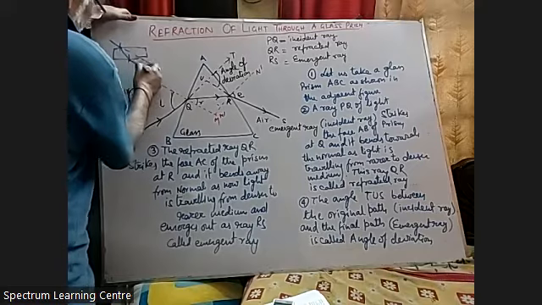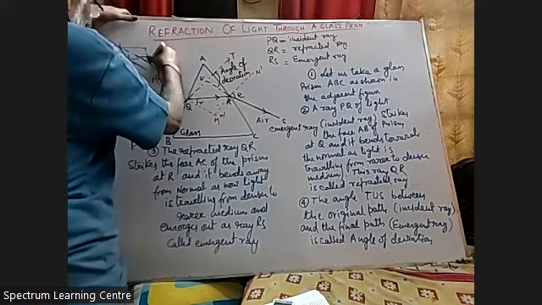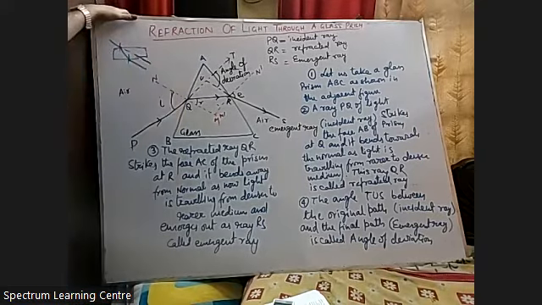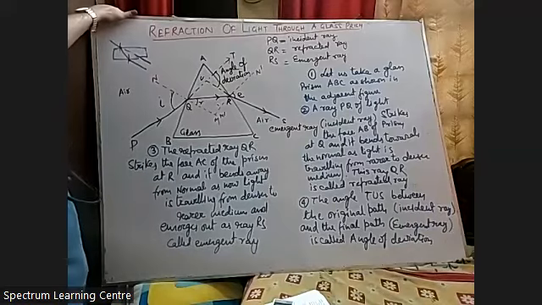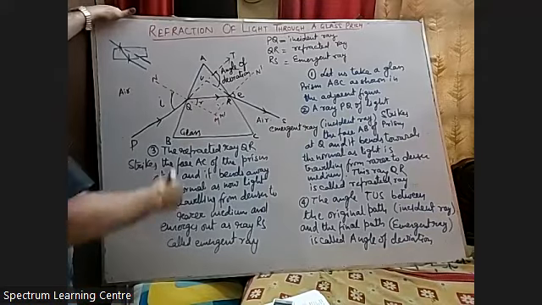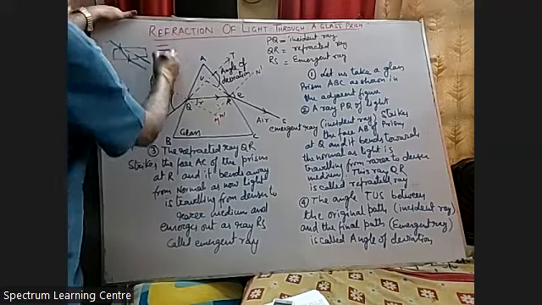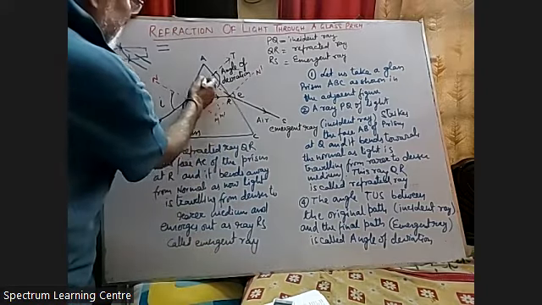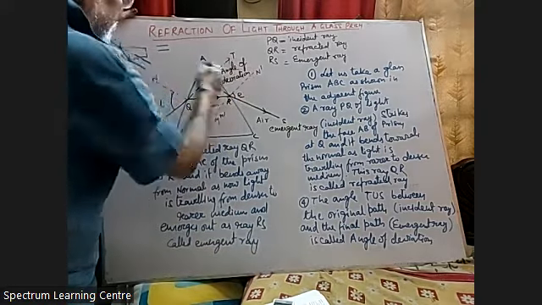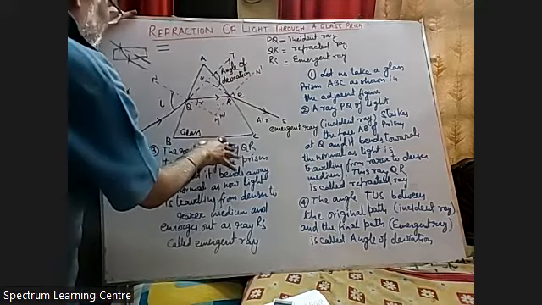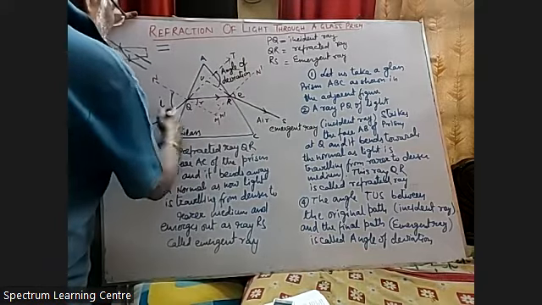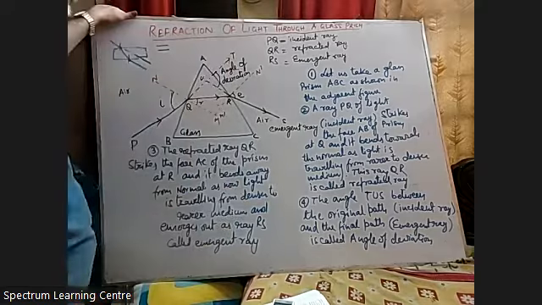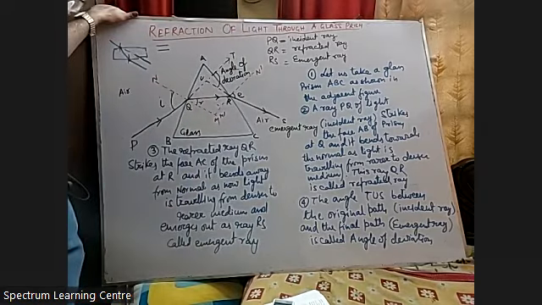There is no deviation. The angle between two parallel lines is zero. So light has not deviated, but here the light has deviated by this angle. Had the prism not been here, it would have gone P to Q to U to T.